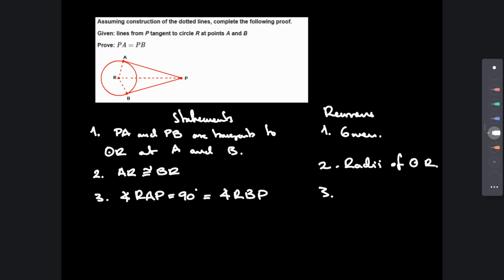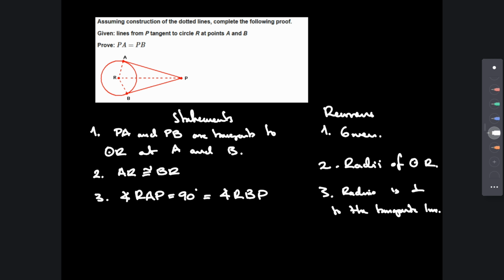Okay, this is because a radius is perpendicular to the tangent line, or tangent segment, right? We know that.